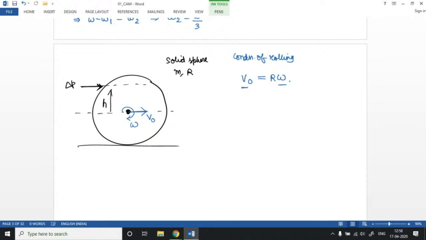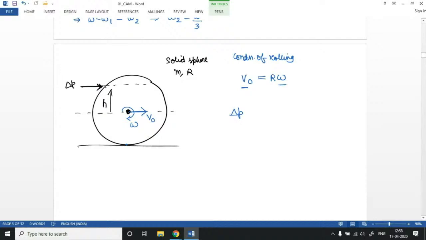So v naught we will be finding using the linear impulse momentum theorem. The impulse imparted to this solid sphere is simply delta p, and that will be equal to... now you might think that friction would also be acting over here and must be impulsive as well.